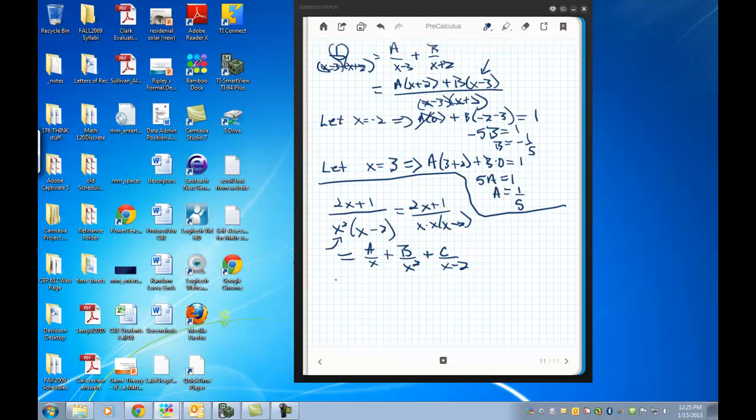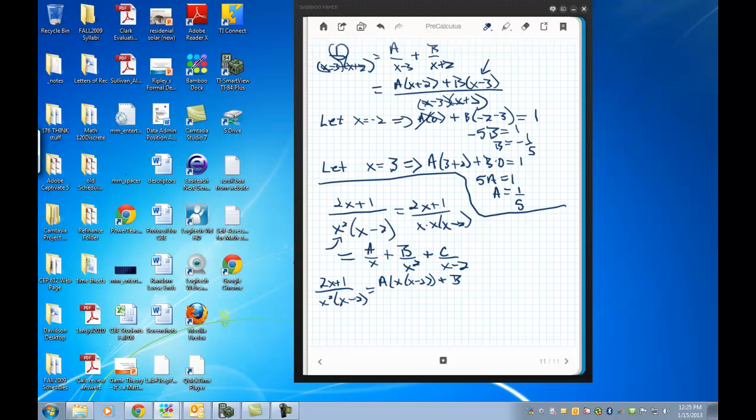Okay, so bear with me. Let's see if we can get through this thing. Again, finding my common denominator, I'm going to write (2x + 1) over x squared times (x - 2) is equal to, now let's think about this. The common denominator is this guy. This is just an x, so I need to take a and multiply it times an x and an (x - 2). Everybody see that? Plus b.